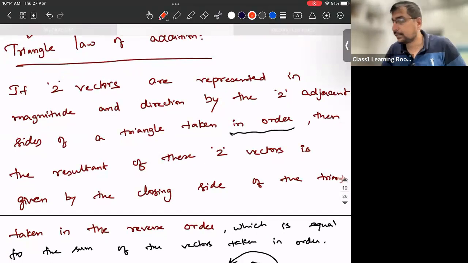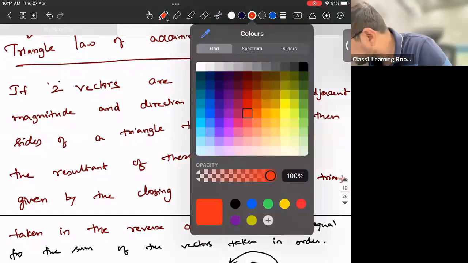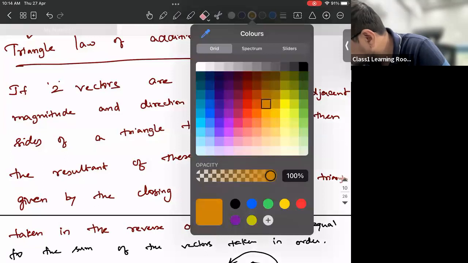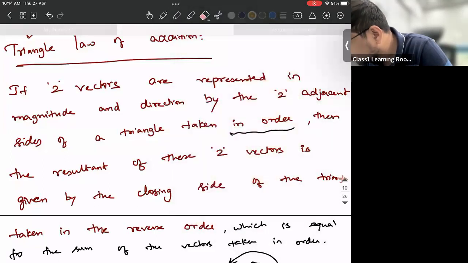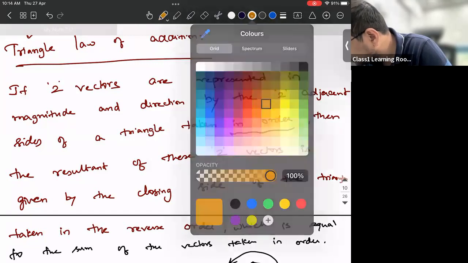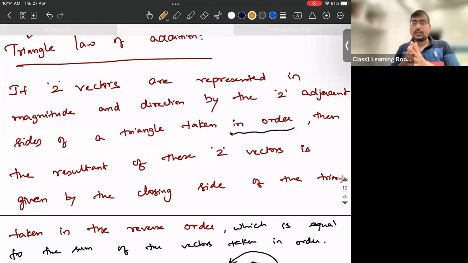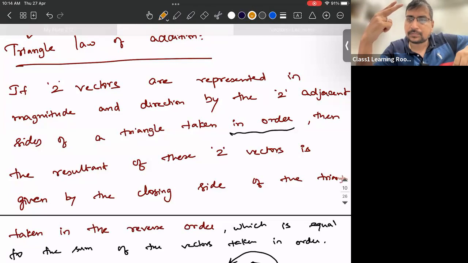Listen to this carefully. When I speak about either the triangle law of addition or the parallelogram law of addition, you will be given two vectors.